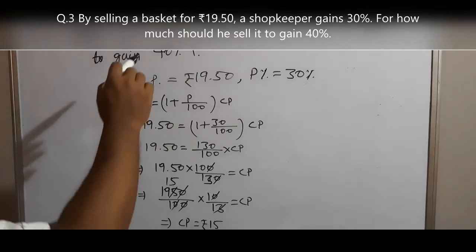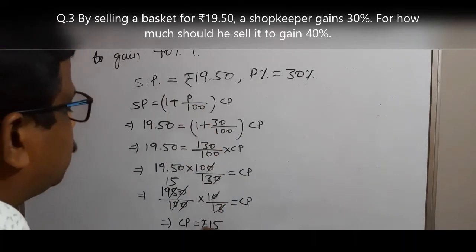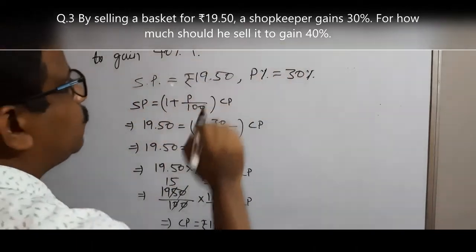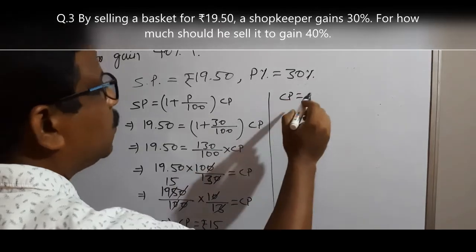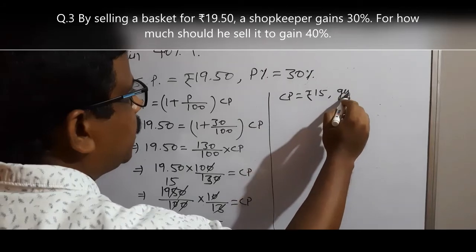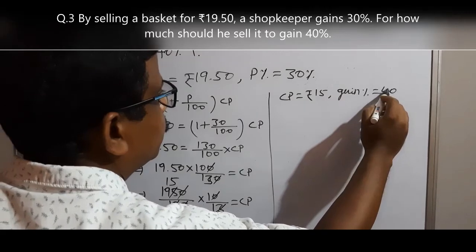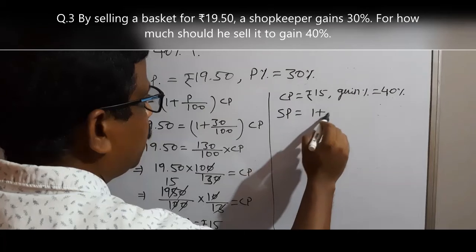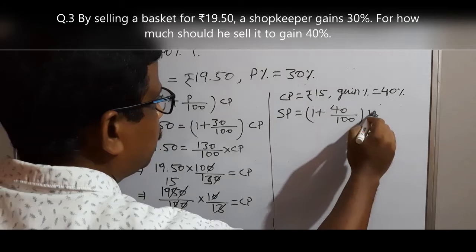Now again the second statement is given: for how much should he sell to gain 40%. So CP you got rupees 15, gain is 40%. So the question asks to find the selling price. So right here CP is equal to rupees 15 and gain percentage is given 40%. So SP is equal to 1 plus 40 by 100 into 15.